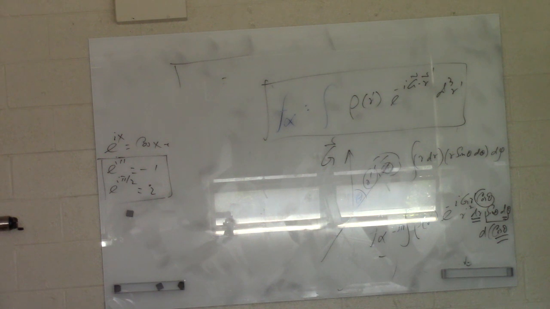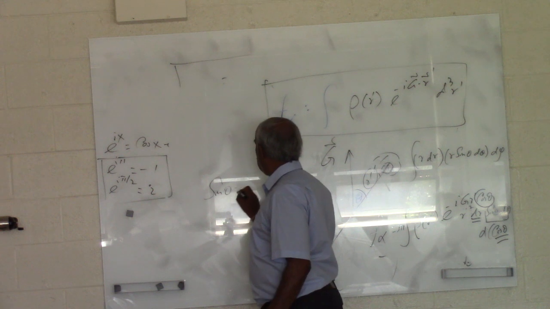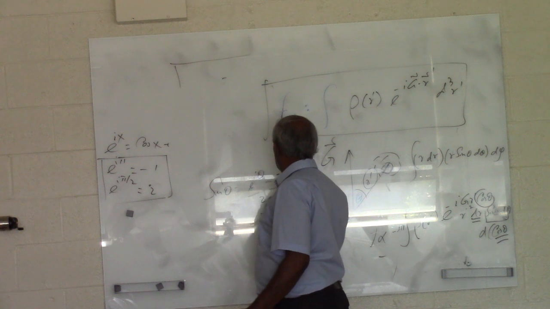If you do this one, at the end that's the relationship you get. Exactly. How do you get the sine G r? Because I have e to the minus i G r from minus theta to plus theta, when you subtract you get e^(i G r) minus e^(-i G r), which is like sine: sine theta is e^(i theta) minus e^(-i theta) divided by 2i.